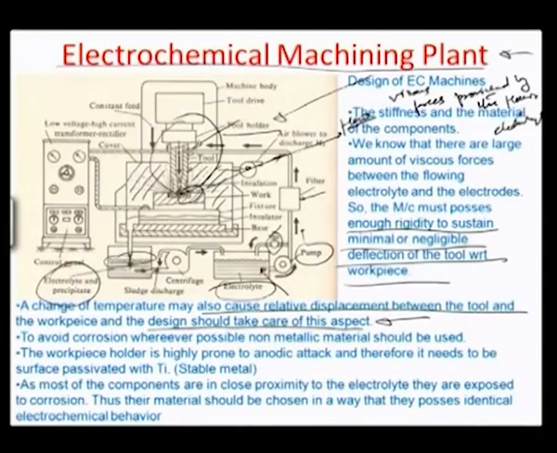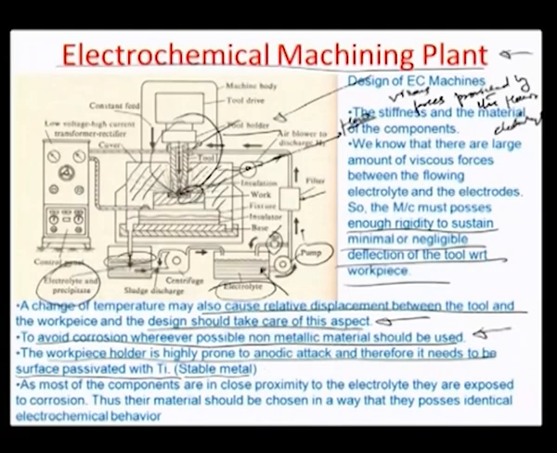Also, to avoid corrosion wherever possible, non-metallic material should be used, which is not amenable to the electrochemical machining process as such. The workpiece holder is very much prone to anodic attack, therefore it needs to be surface passivated, sometimes with titanium or any other stable metal.